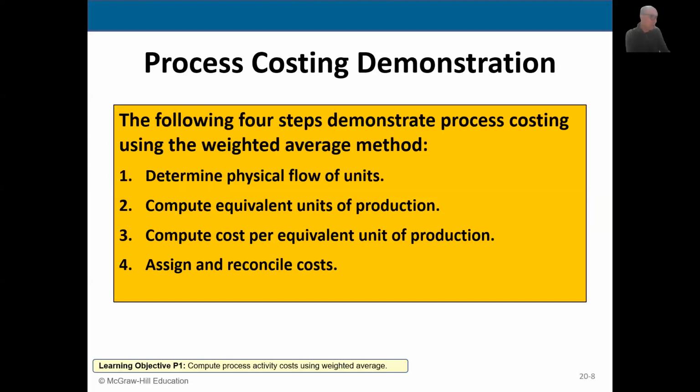So I'm going to walk very slowly with you through equivalent units of production so you all understand how to compute it. And then the last step is to assign and reconcile costs. So let's go through these 4 steps together. I'm going to spend a little bit of time on equivalent units of production and cost per equivalent unit of production, just so you understand how those are calculated.